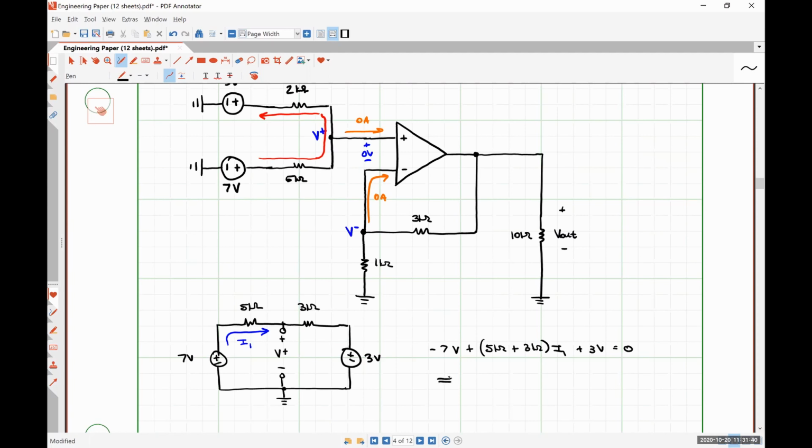From this, I1 is equal to 7 volts minus 3 volts divided by 8 kiloohms, is 4 volts divided by 8 kiloohms, is 0.5 milliamps, if my mental math here is correct.